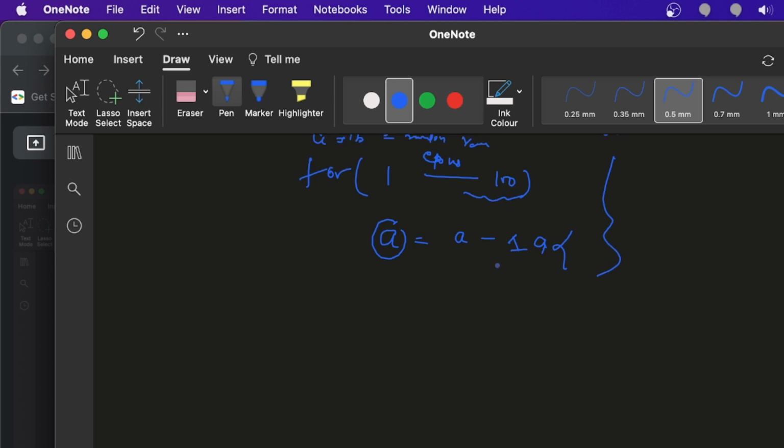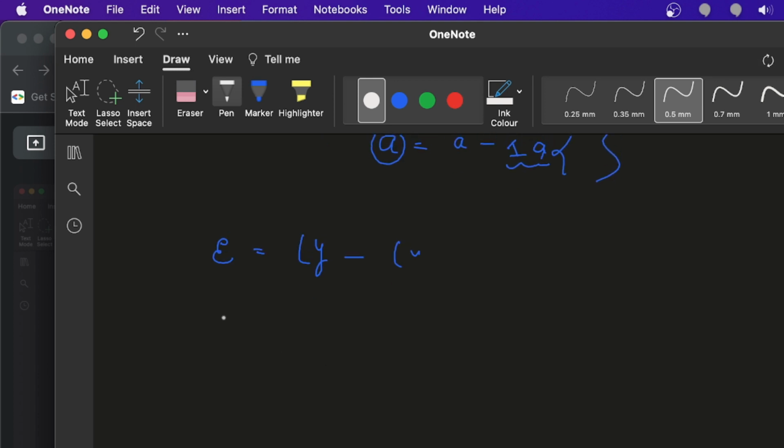Now, what is delta A? Suppose this is your equation. Sorry, why is my cursor not working properly?